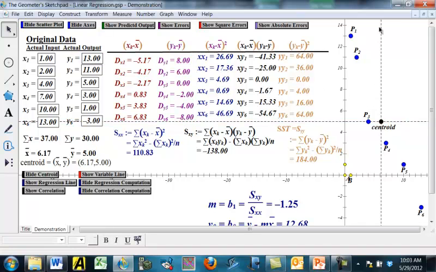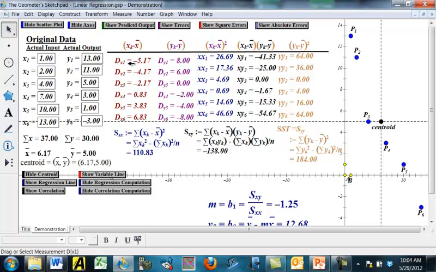Horizontal distances from the average x are in the maroon here, and the purple numbers are the vertical distances from the average y. Now we're going to compute some products here. We're going to take all of these maroon ones, the xk minus x bars, and square them to get these blue numbers here. Similarly, we can square all the differences from the y's to get these numbers over here.